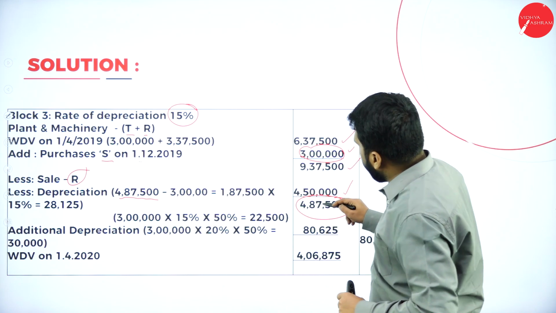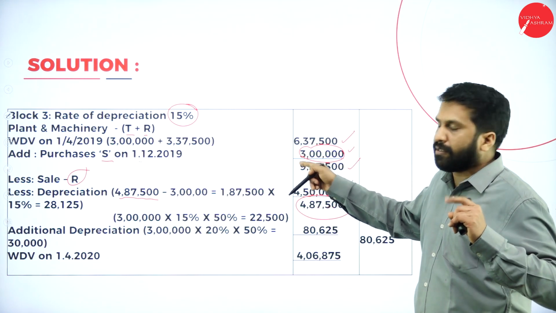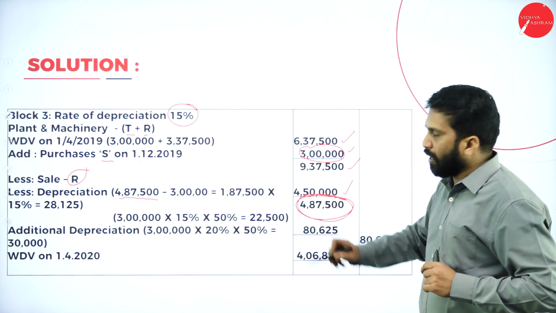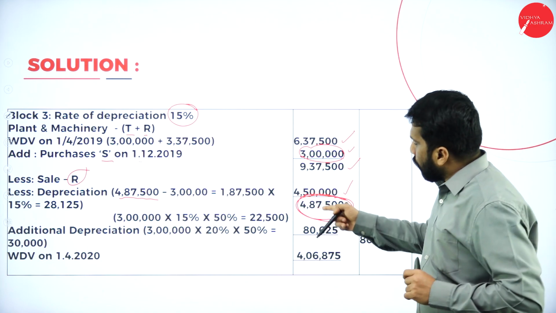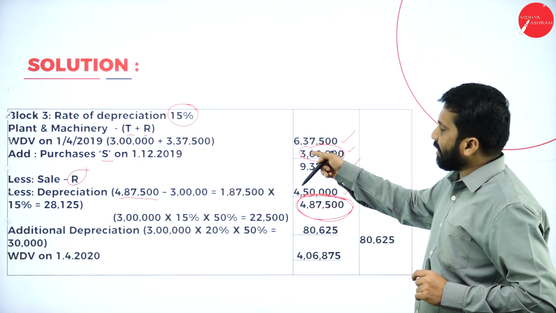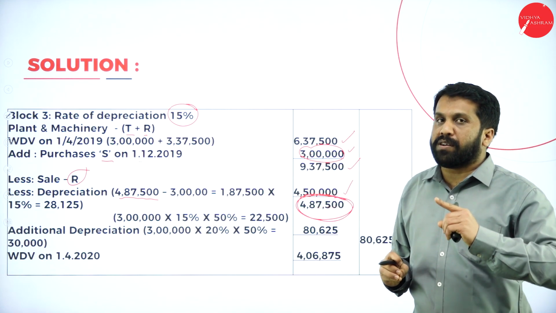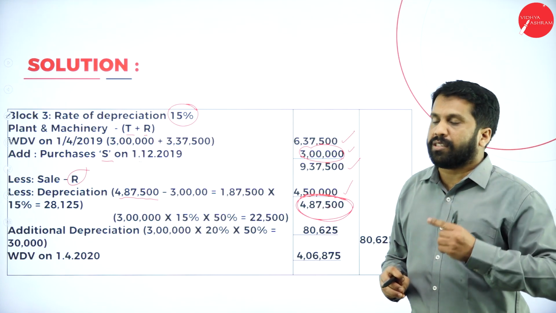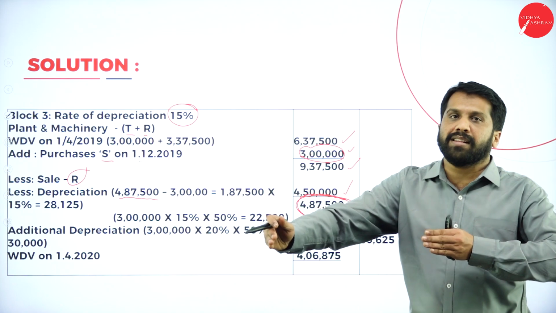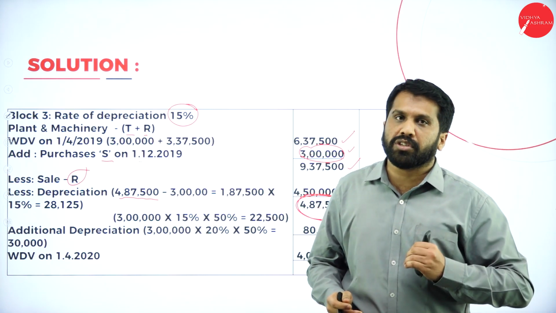But out of 4 lakh 87,500, whatever you purchased, 3 lakh, is in your closing balance. You have to calculate depreciation on 4 lakh 87,500. In this 3 lakh that you purchased is included. That 3 lakh you purchased when? After Gandhi Jayanti. You cannot calculate 15% directly. You have to remove that 3 lakh because for that 3 lakh it is half depreciation.